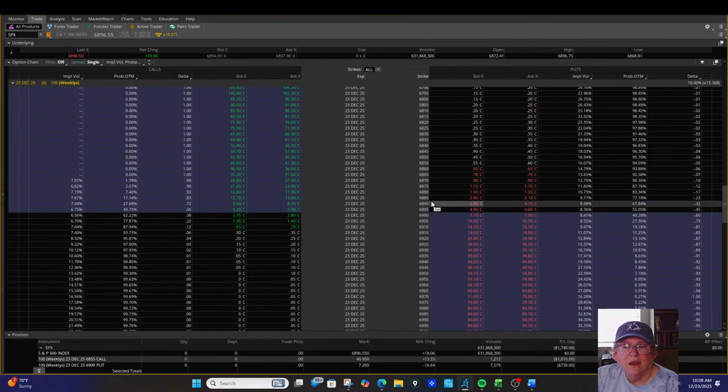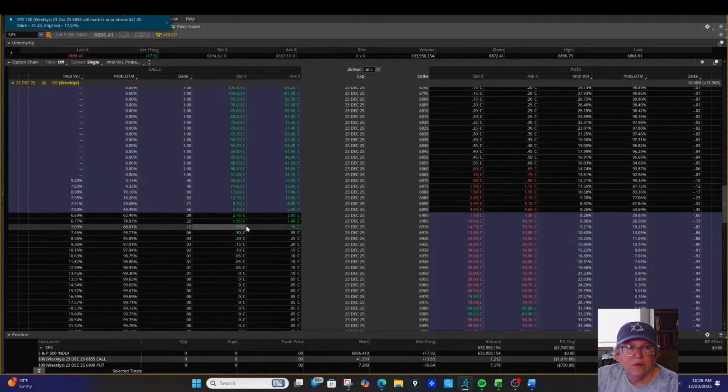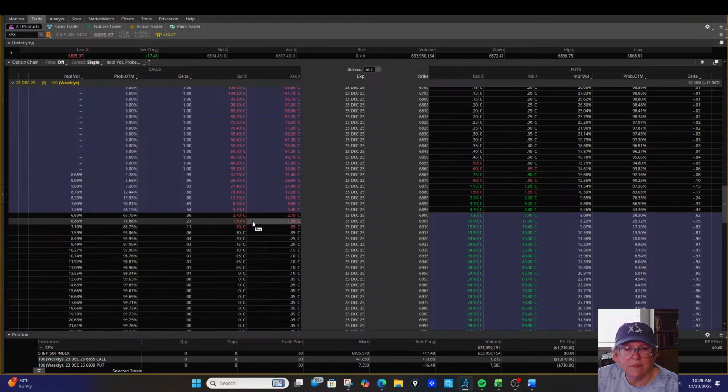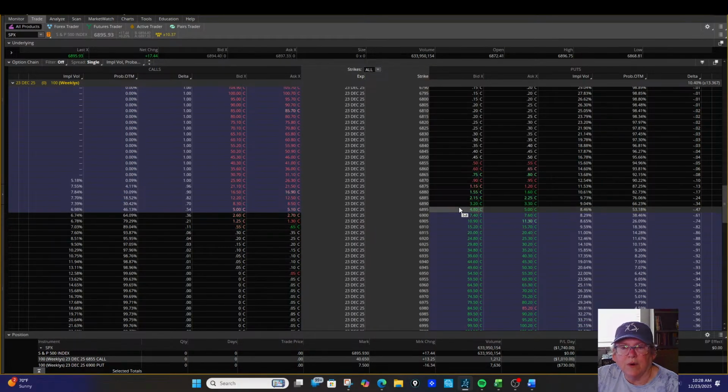Okay, so at the money would be, and that says that it just hit my mark of 41. At the money is this first purple bar right here. If you go directly across from that, the first black bar in puts, that's at the money.